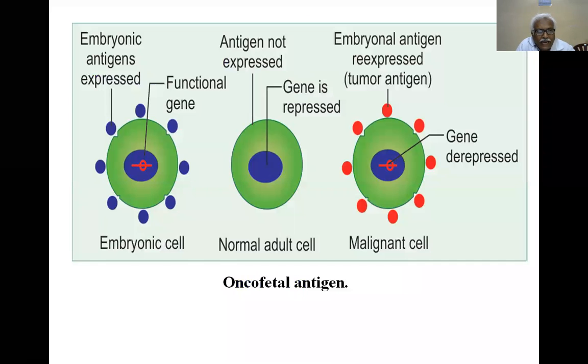So embryonic antigens will be expressed in embryonic cells. The functional gene is inside, and the embryonic cell will be expressing the embryonic antigens. When the normal adult cell forms, the antigens are not expressed, and the gene that was present in the embryonic cell will be repressed.